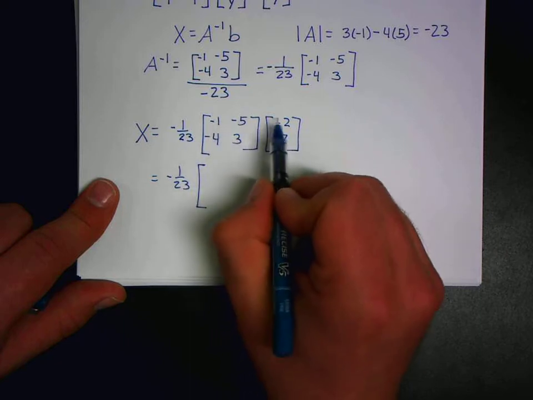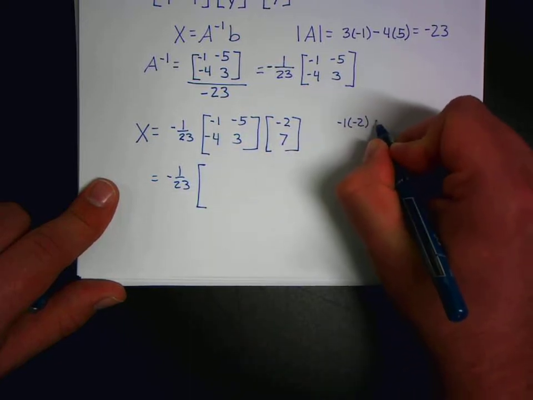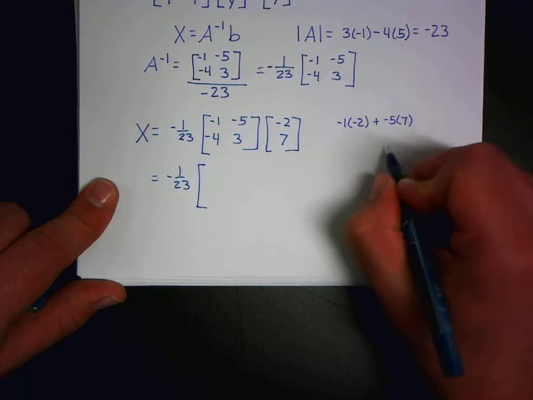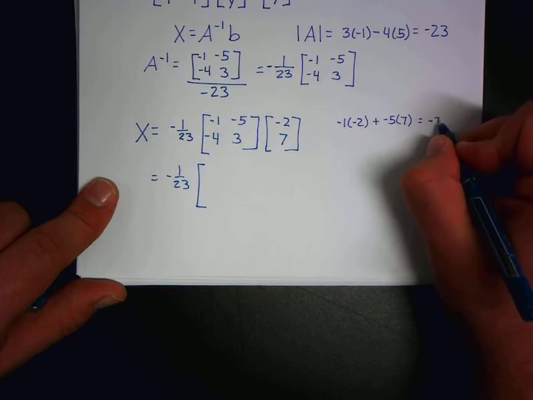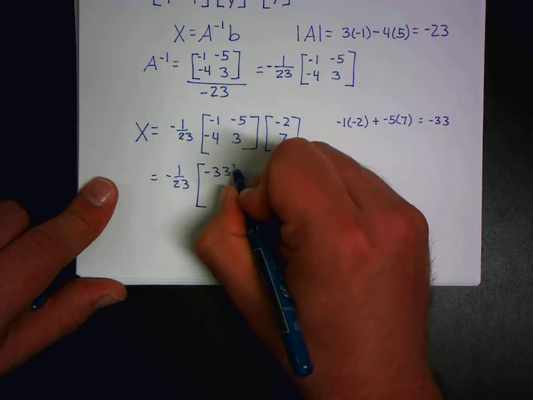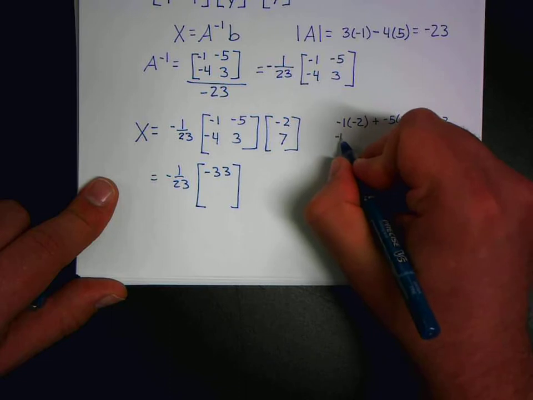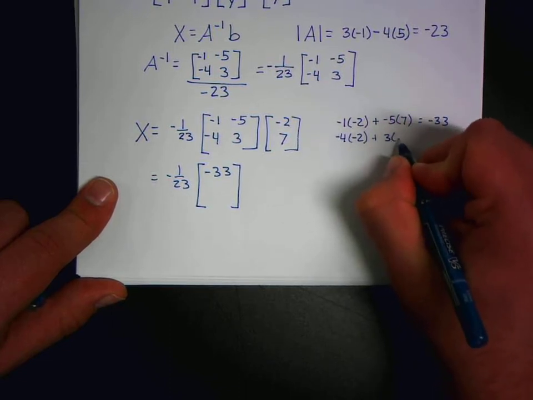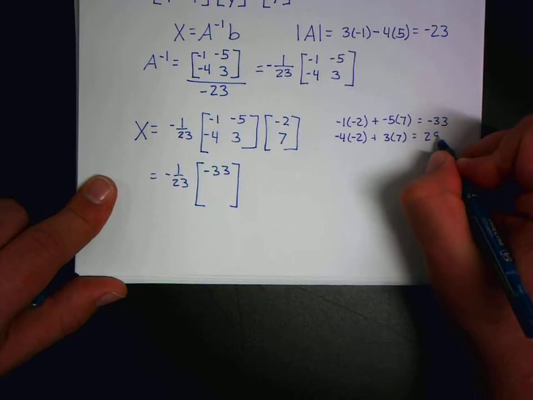So -1 times -2 plus -5 times 7. So 2 plus -35 is going to be -33. And then my other multiplication is -4 times -2 plus 3 times 7. So 8 plus 21 is 29.